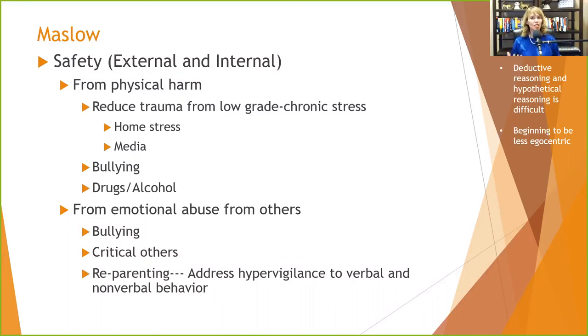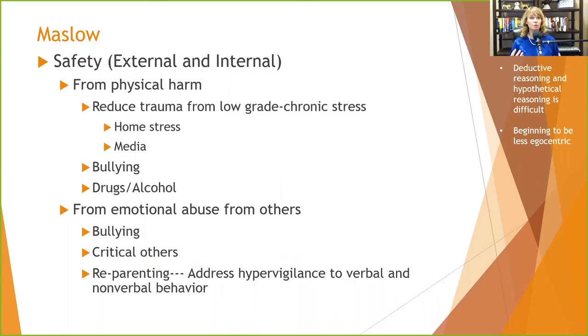If you're working with an adult who came from an environment where people were bullying and critical, and it was just a really unpleasant environment, they may be extremely hypervigilant, not only to verbal behavior, where anything you say is automatically perceived as an attack on me, but also nonverbal behavior, like looking at them cross-eyed, any kind of disparaging look.